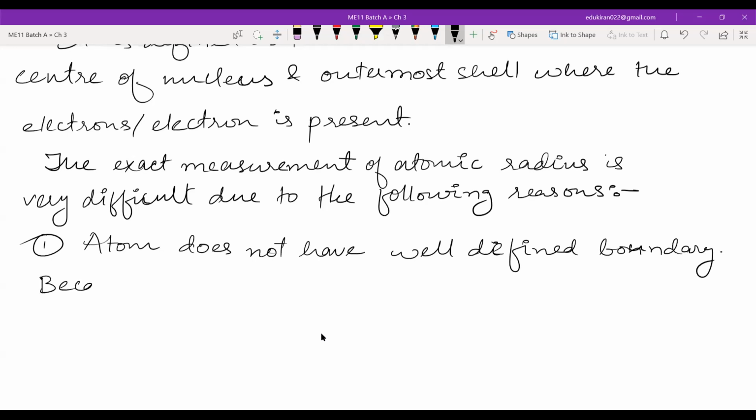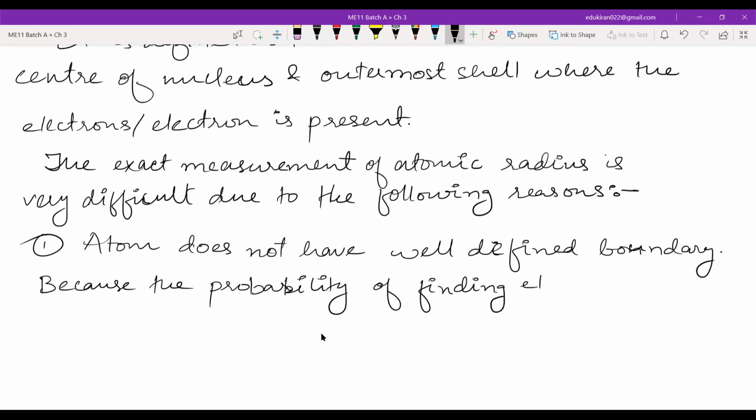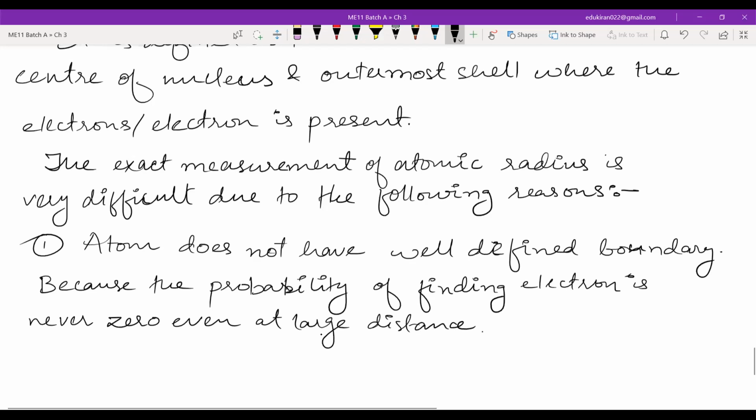The probability of finding an electron is never zero, even at large distance.